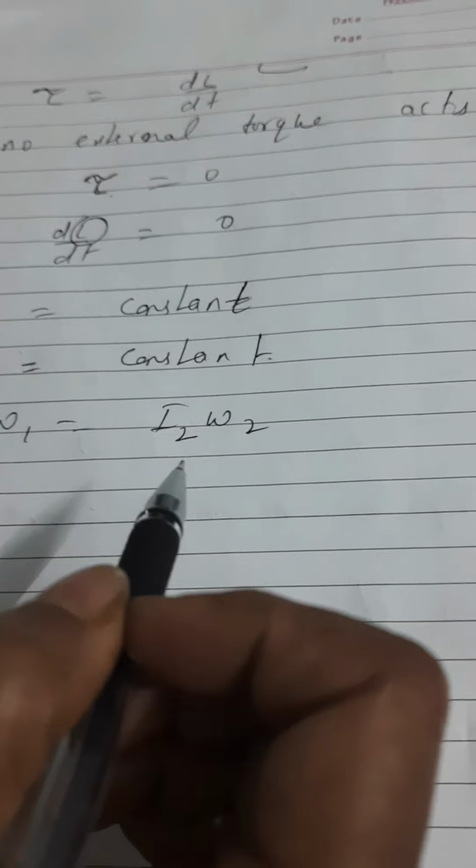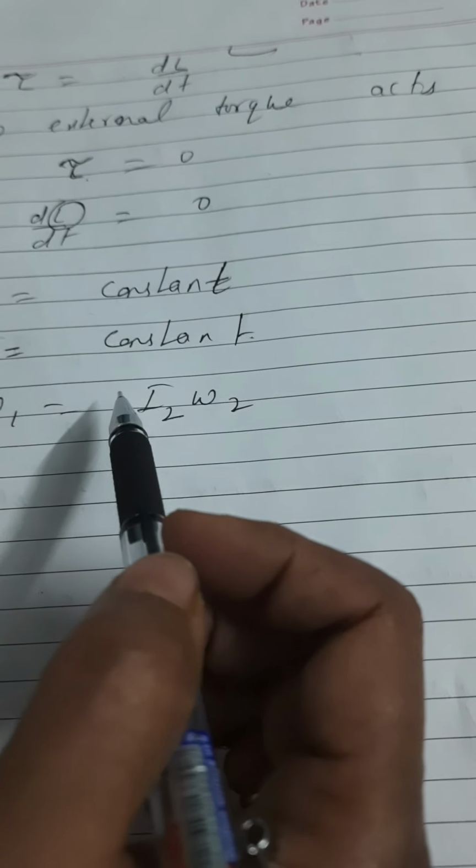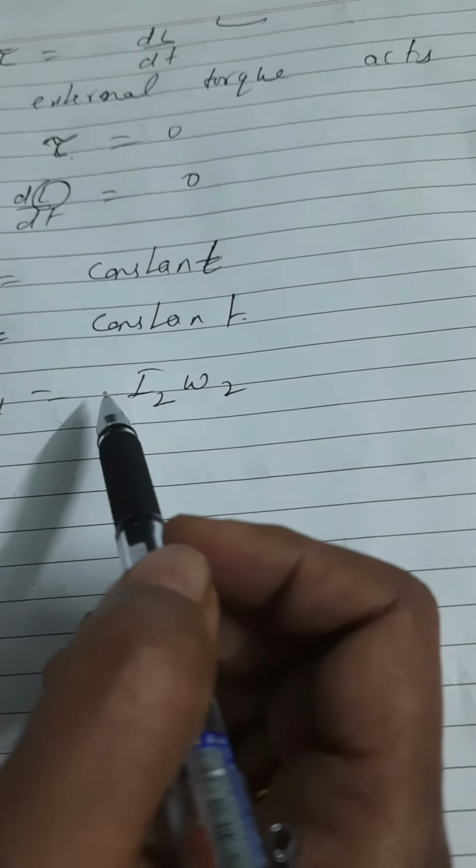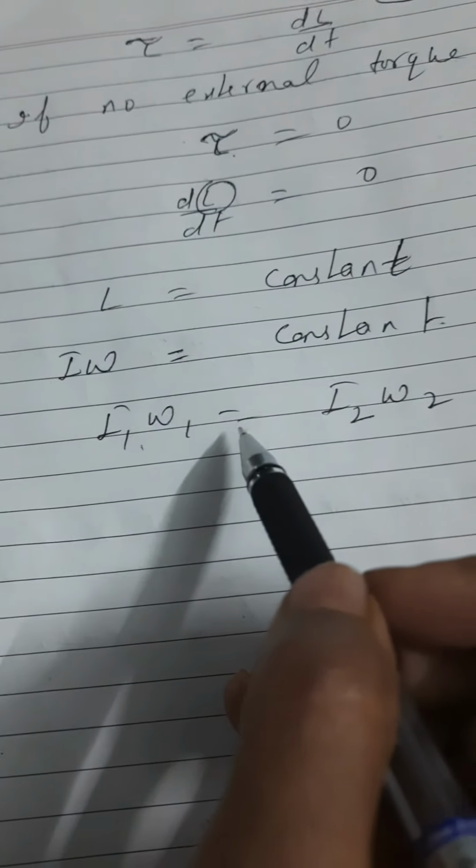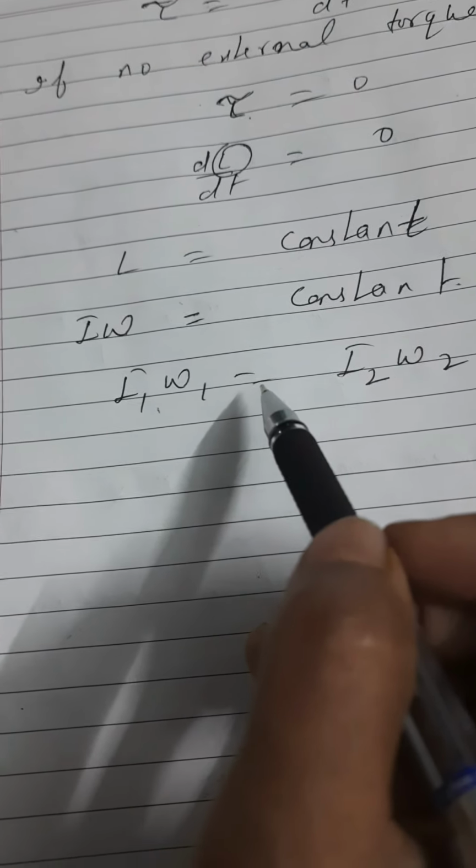I omega is equal to constant. Therefore, we can say that in such a case, if moment of inertia changes from I1 to I2, then angular velocity omega will change from omega 1 to omega 2. Then we can say that I1 omega 1 is equal to I2 omega 2.